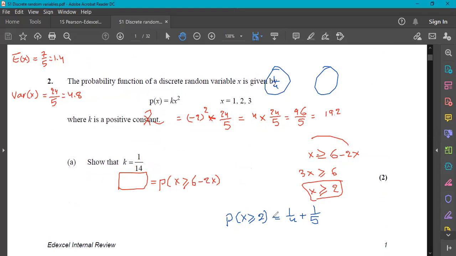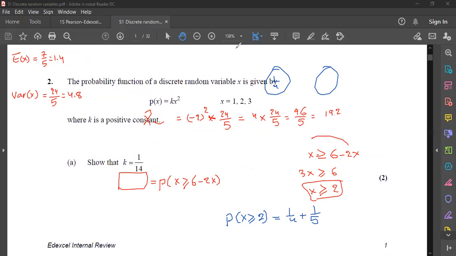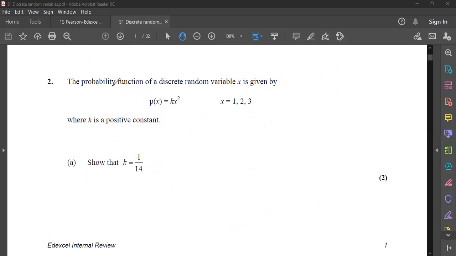Now look at this. Let me just erase everything. In this question, the probability function is given, and they want me to find a lot of things. Let me find out, first of all, the distribution table. That's your x, that's your px.